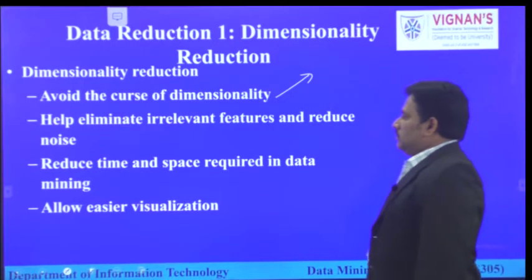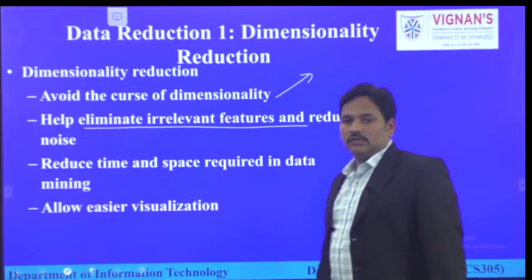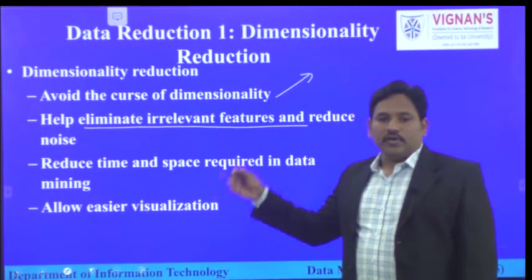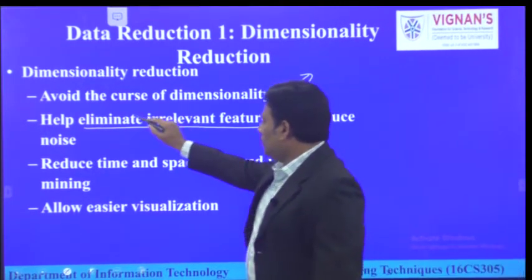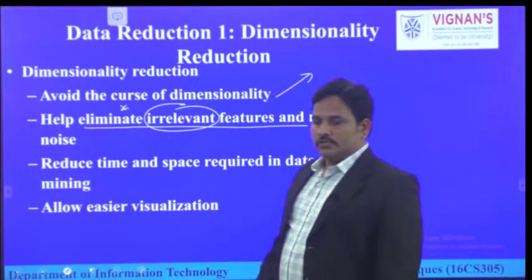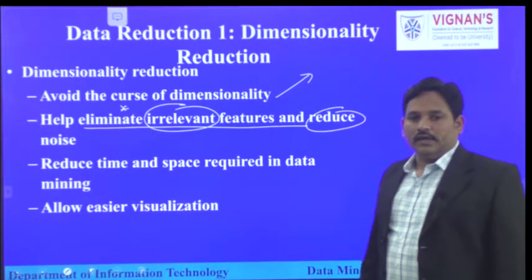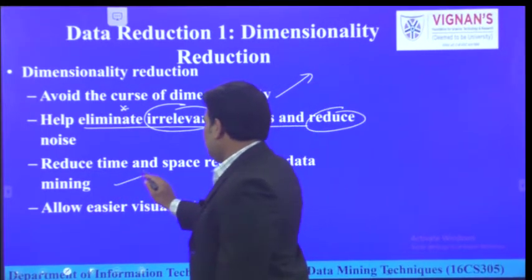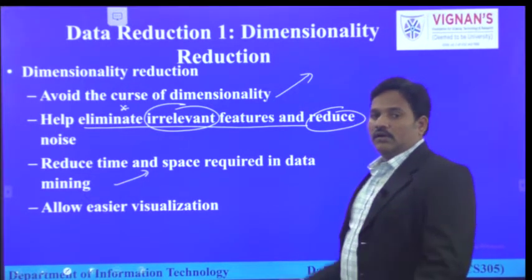It will also help us to eliminate irrelevant features, and after eliminating those irrelevant features, we can make a noise-free data set. So using dimensionality reduction, we are trying to eliminate the irrelevant attributes or features. That can give a noise-free data set. And one more advantage is that we can reduce the processing or computation time required in data mining.